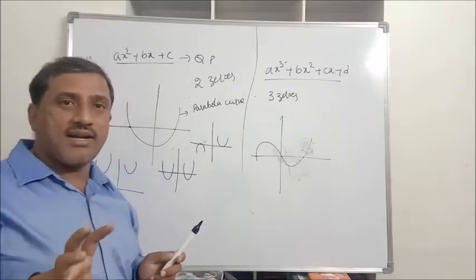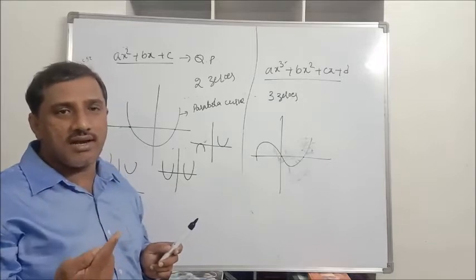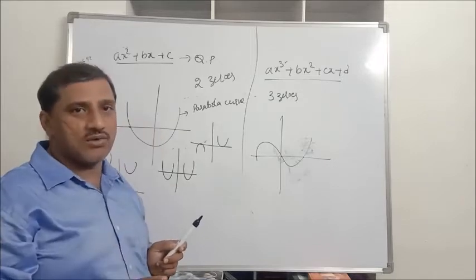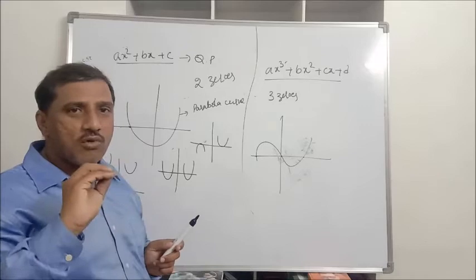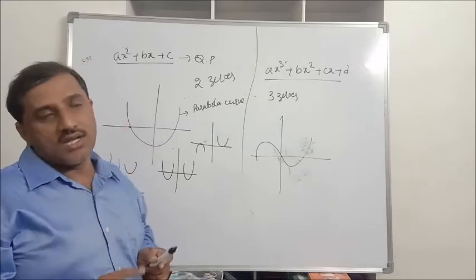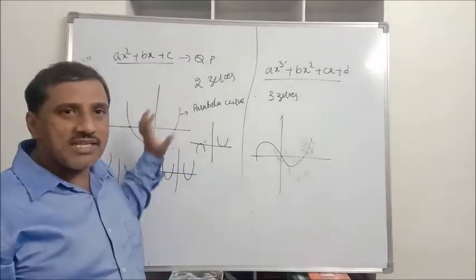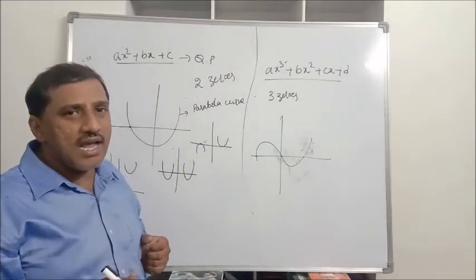If 3 points intersect, it has 3 zeros. Only 1 point, only 1 zero. At 4 places, 4 zeros.